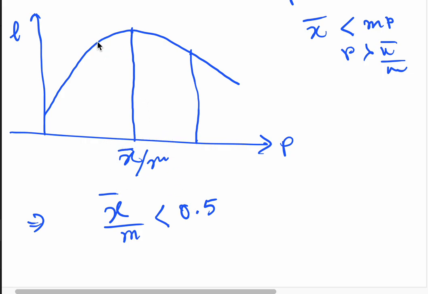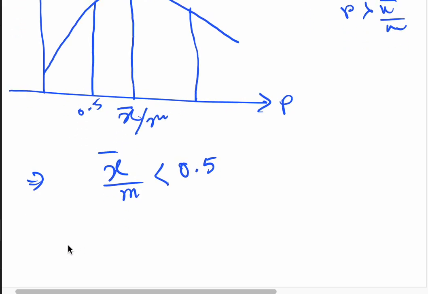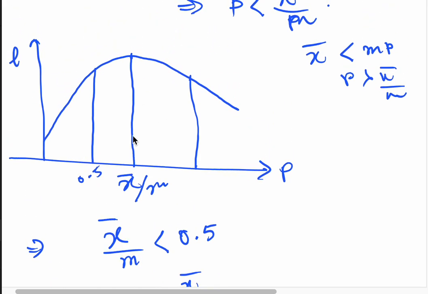But if 0.5 is less than x bar by m, then we cannot take the p value there, so the value for which the likelihood will be maximized will be exactly at 0.5.